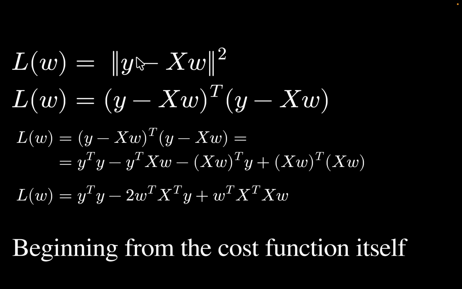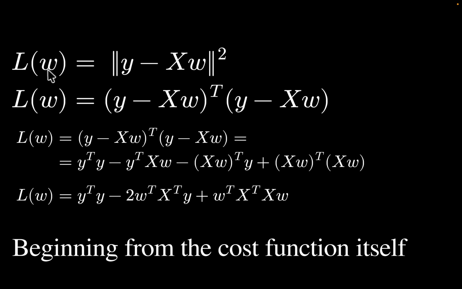I'm not writing 1 divided by n, because when we take the derivative we would get rid of it anyway, so I got rid of it at the first step. So we have this thing: y minus x multiplied by the parameters, squared. It would give us a value.